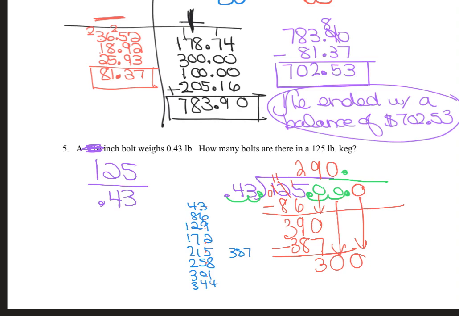So 43 goes into 300, 1, 2, 3, 4, 5, 6, 7 times because it does get into 301. Oh, no, it does not get into 301. Duh. So 6 for 258. And I get the eraser to happen. All right. 3 turns into 2, 0 turns into a 10, 10 turns into a 9, and that carries over.